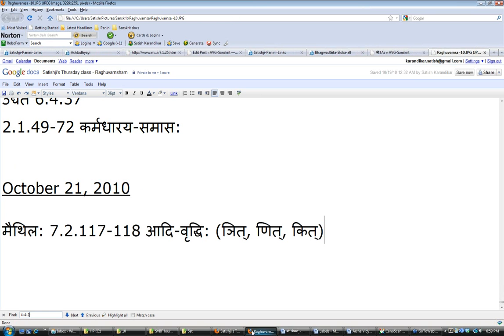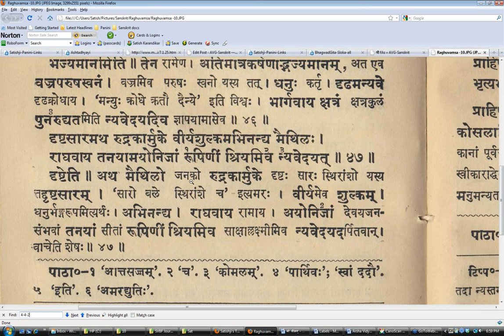See what does he say? Maithilaha Janakaha. It's an adjective. It's qualifying whom? Janakaha. Rudra Karmuke. No commentary on that, right? So what kind of compound is it when you think? Karmuke. Karmuka is... Rudra Karmuke.